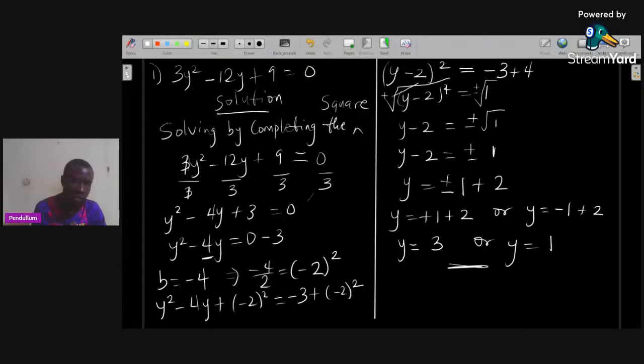All right, so finally, let's look at the third method, which is the almighty formula, or more appropriately called the quadratic formula. Okay, so we are still solving the same thing. We are still going to solve 3y squared minus 12y plus 9 equals 0.